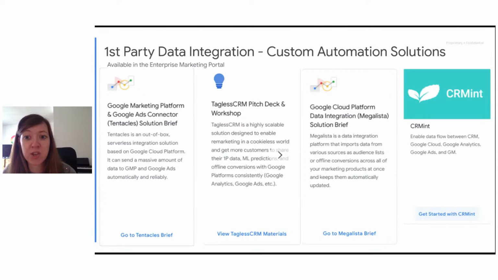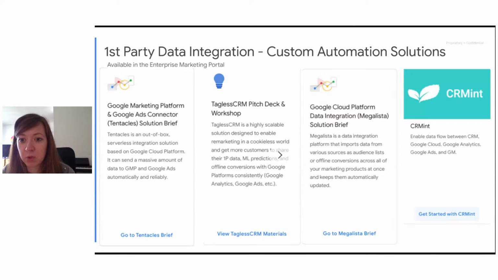There are especially 4 first-party data integration solutions that automate a data pipeline of offline transaction data, online behavior data, or predicted values in order to drive activation through advanced bidding or audiences.